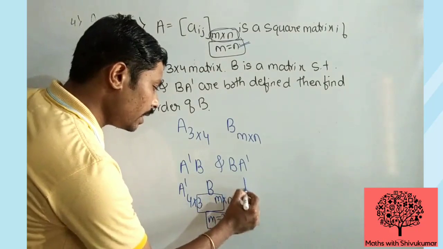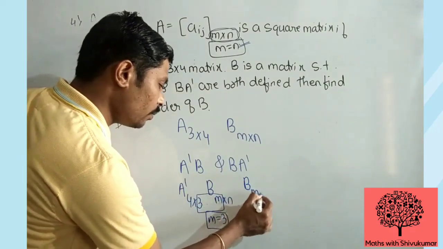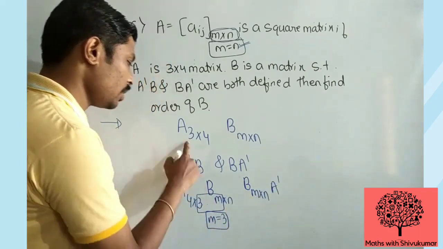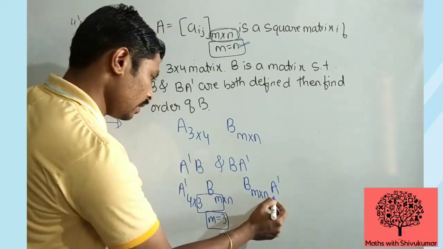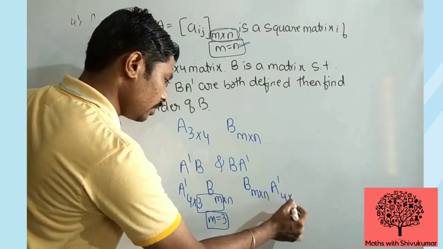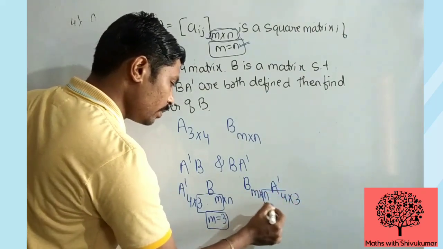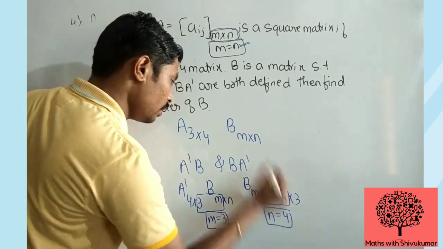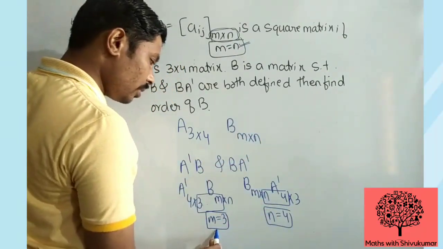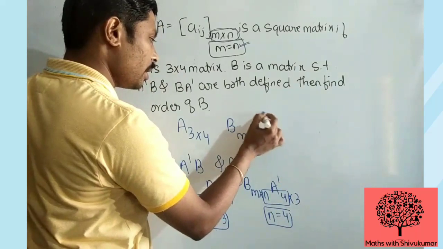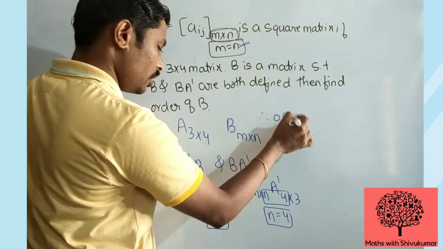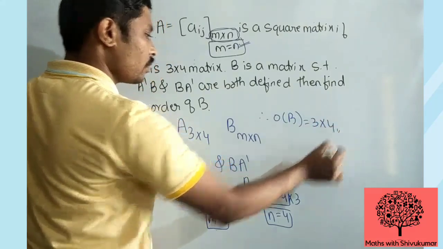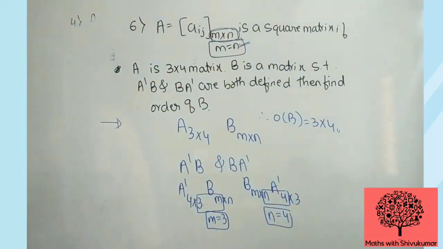Similarly, for B A transpose, B is m cross n and A transpose order is 4 cross 3. Multiplication is possible if both are the same. So the n value is 4. Now, m we got 3, n we got 4. Therefore, the order of B is 3 cross 4. I hope it is clear.